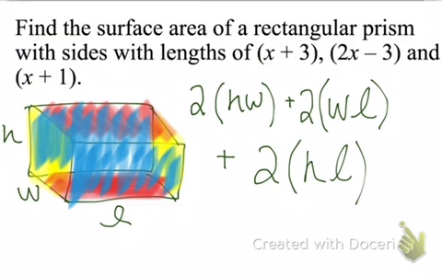So each of these separate binomials are going to stand for the height, the width, and the length. It doesn't matter which ones we assign, we just have to make sure that we get all the different combinations. So let's go to the next slide and attack this problem.